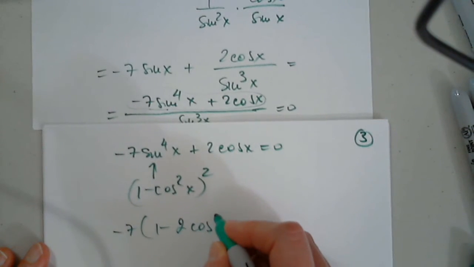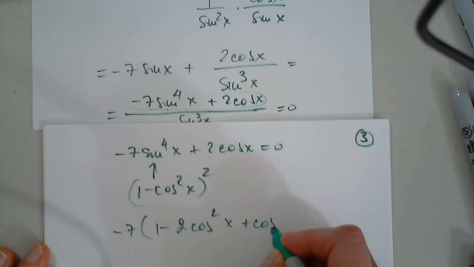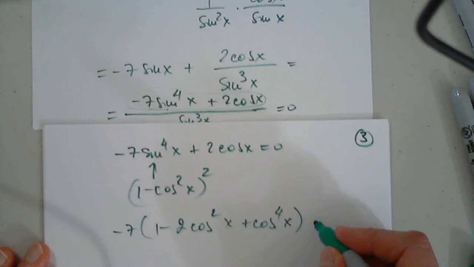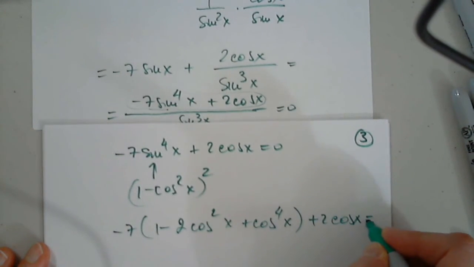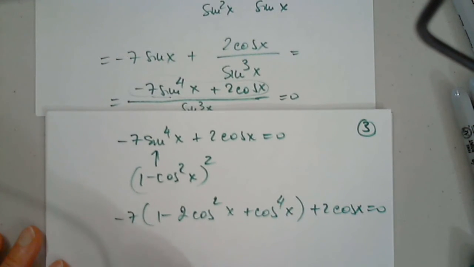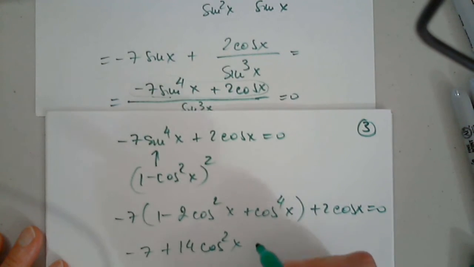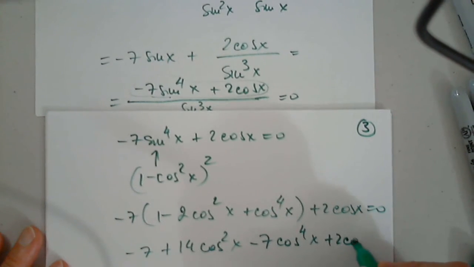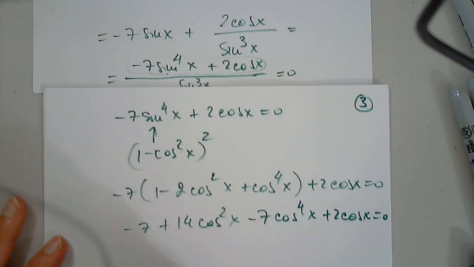So negative 7 plus 14 cosine squared minus 7 cosine to the fourth plus 2 cosine x equals 0. So 7 cosine to the fourth plus 14 cosine squared.